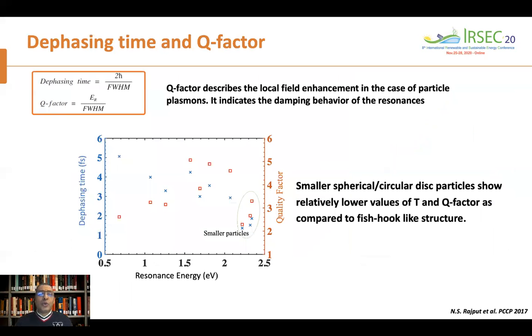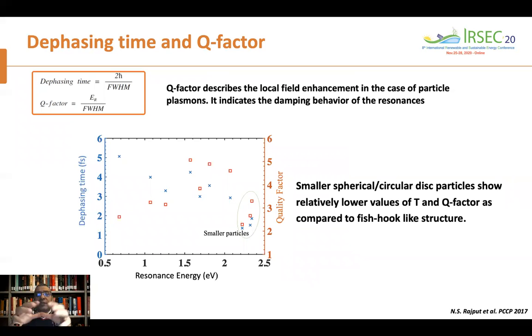Now, if you want to qualify this energy region and see how interesting it is for our water splitting activity, we can measure what we call the Q factor, which describes the local field enhancement.